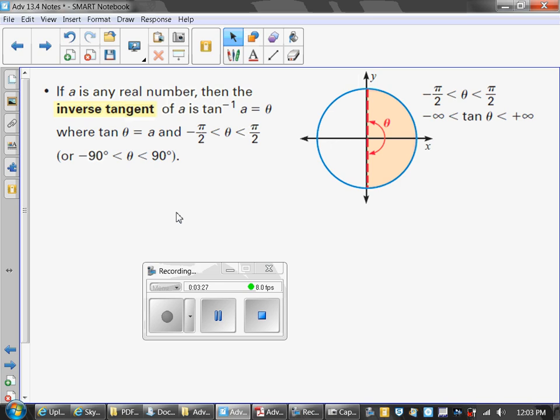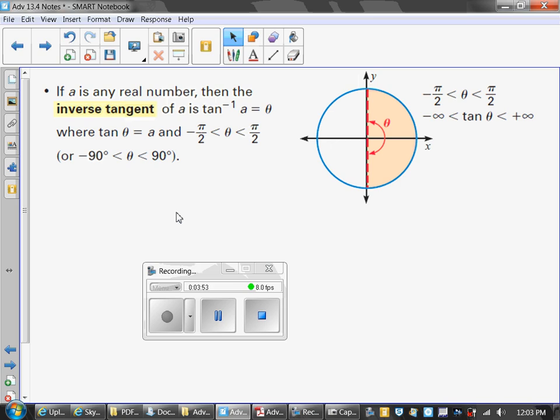The inverse tangent is going to be between your quadrant 1 and 4, but it no longer can equal pi over 2, because if it was at pi over 2, 90 degrees, remember tangent is y over x, you're dividing by 0. Same thing when it's down at 270. It's negative 1 over 0. It's undefined.